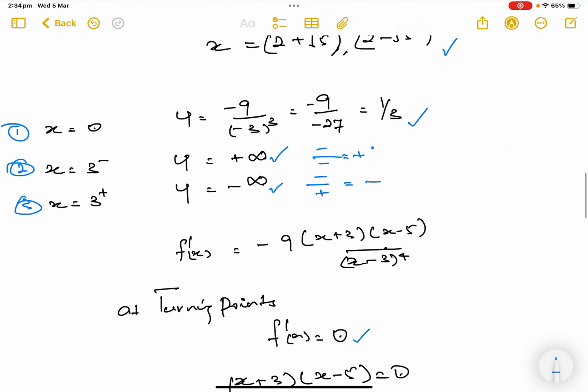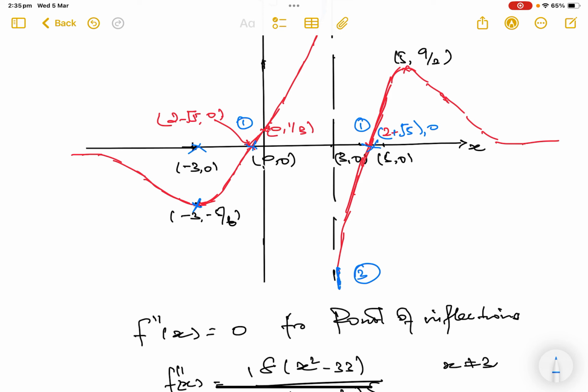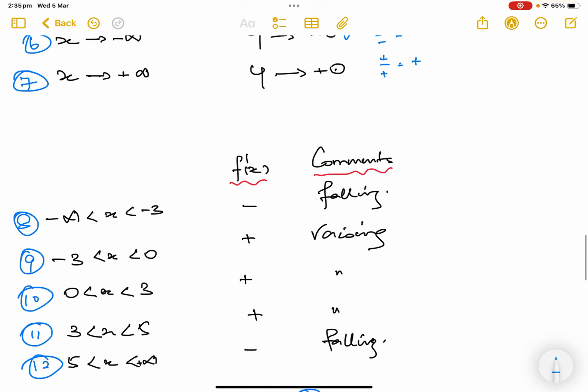I do not know whether it's a minimum or maximum, but I found the point. That's number 4. And number 5, x equals 5, y equals 4 over 2. This one. Right, 5 done.